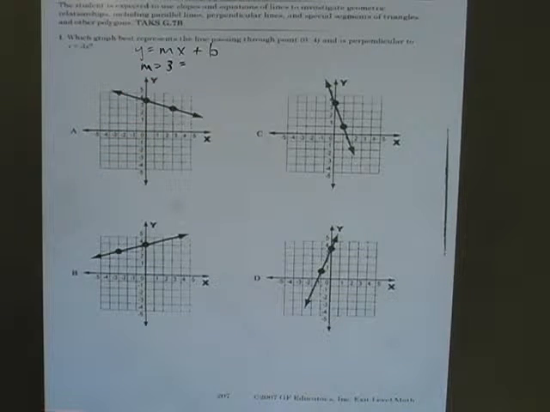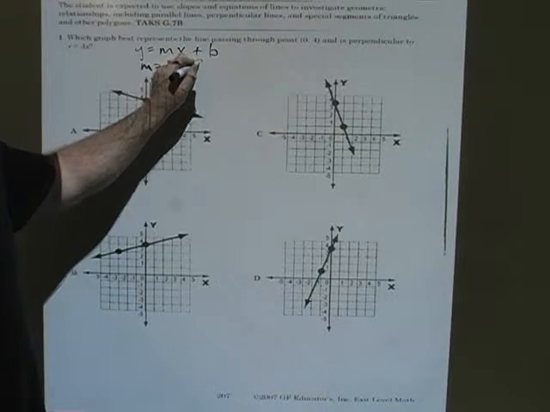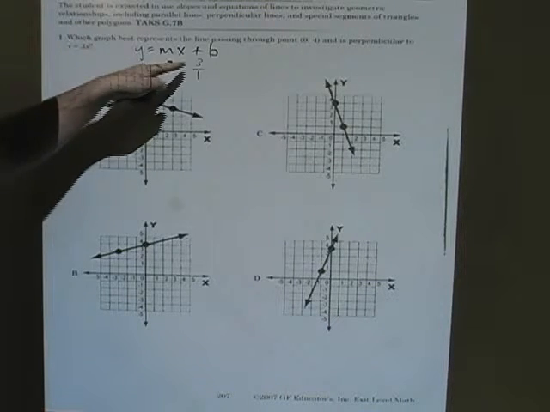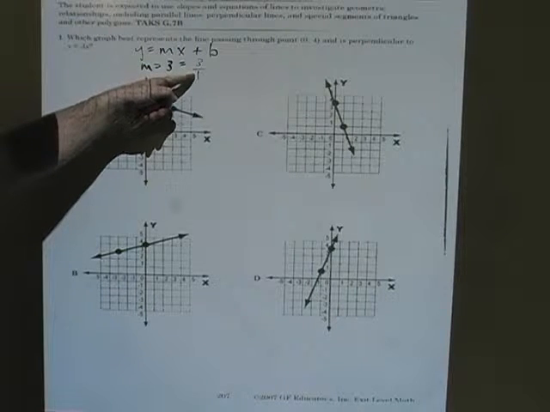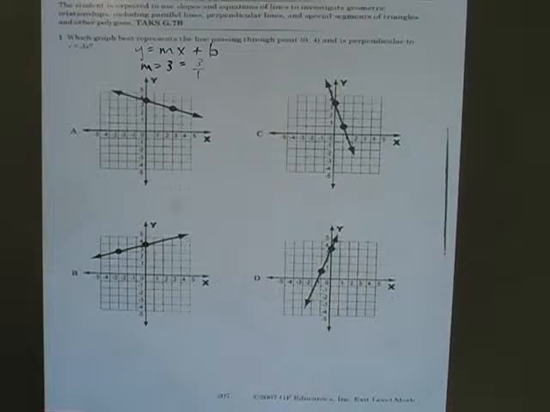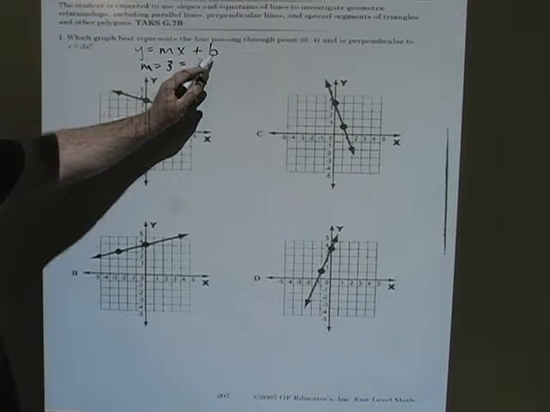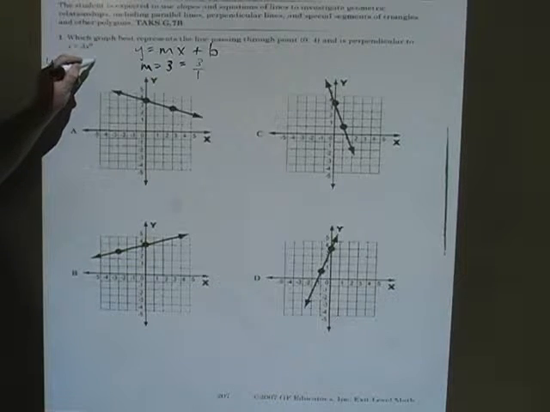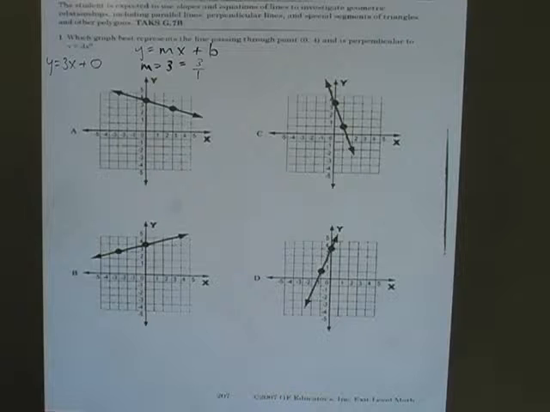Remember, you can write the whole number 3 over 1, okay? That puts it in rise over run form so that you know that this line is going to rise 3 and it's going to run 1. Just while we're on this one, what would the b be in this equation? Y equals 3x plus b. Well, there's nothing out here for b, so you could put 3x plus 0.